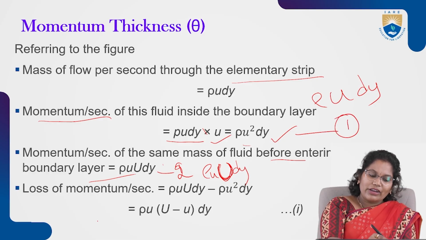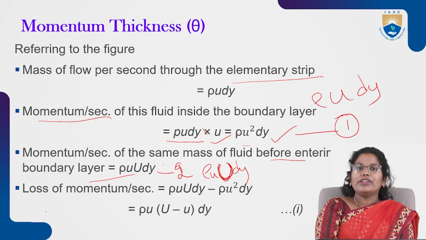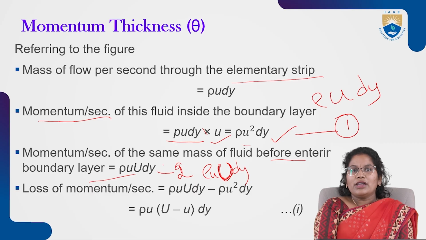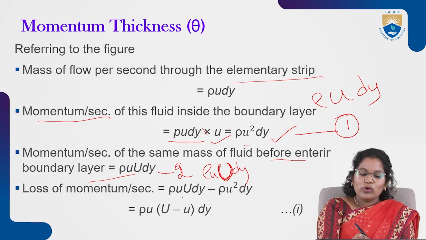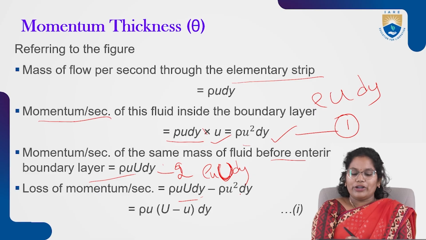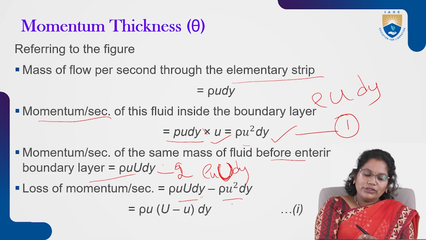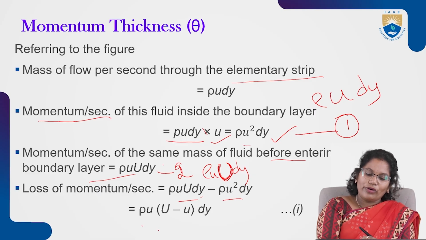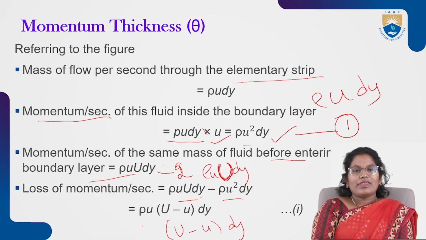When calculating the loss of momentum, it becomes rho u capital U dy minus rho u square dy. So the final one is rho u into capital U minus small u into dy.